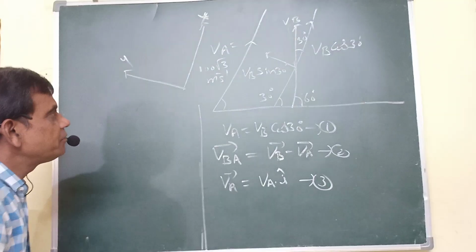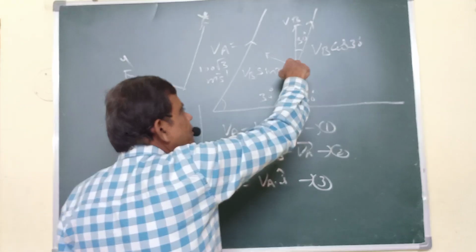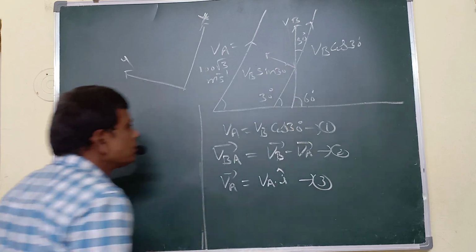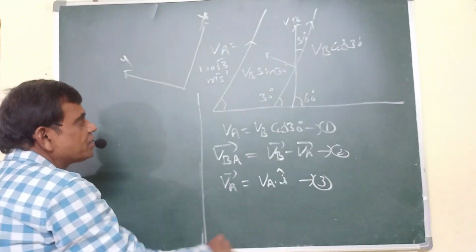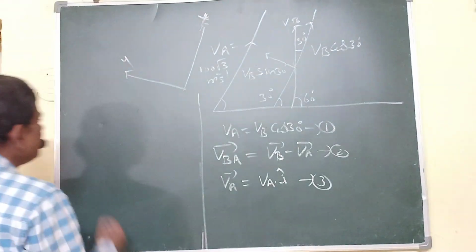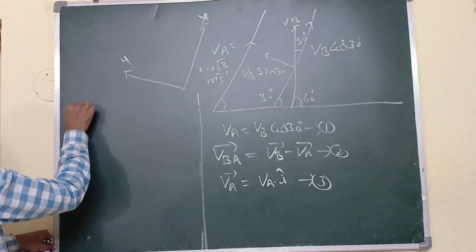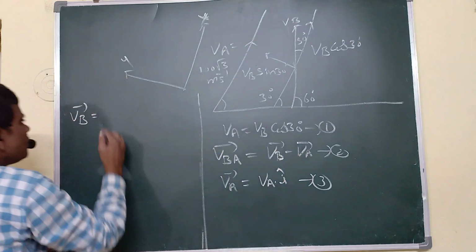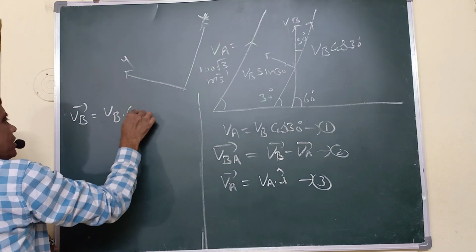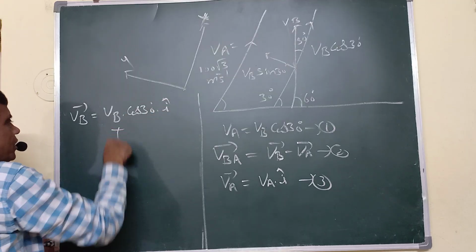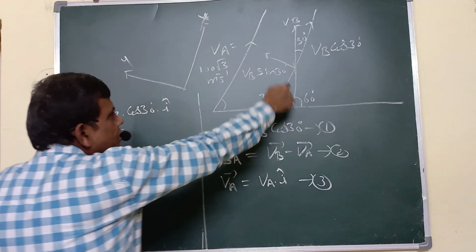Now I am writing VB. How? This is parallel to this and this is perpendicular to this. So what happens? Resolution of vectors: V equal to Vxi plus Vyj. So VB equals to VB cos 30 along x axis, VB cos 30 into I, x component. What is the Vy?